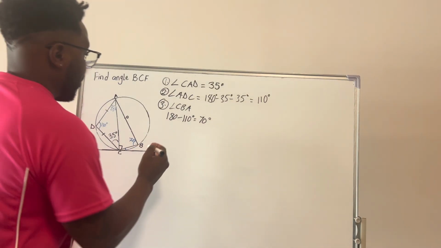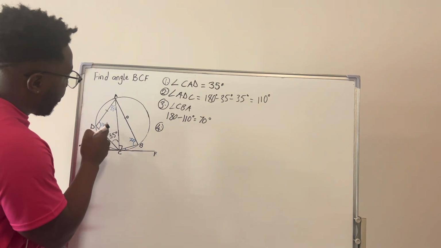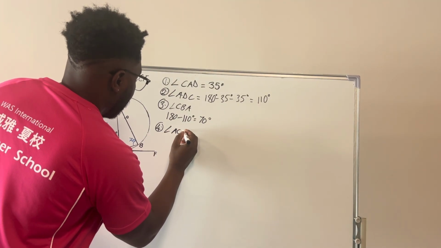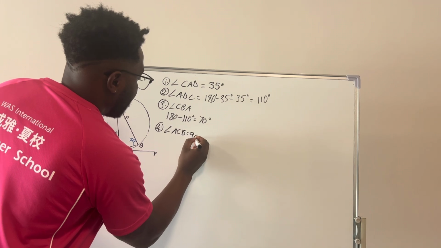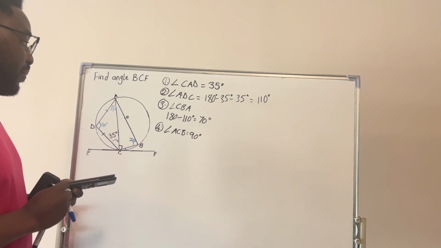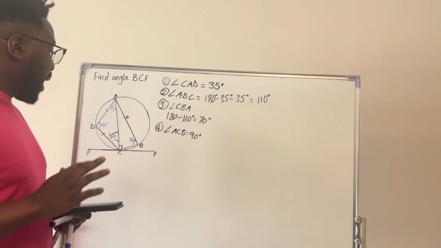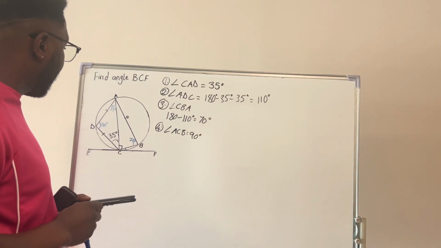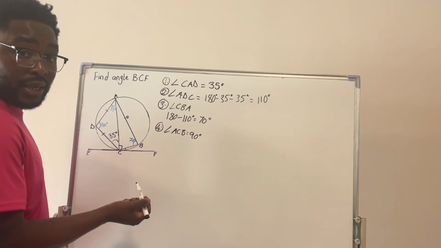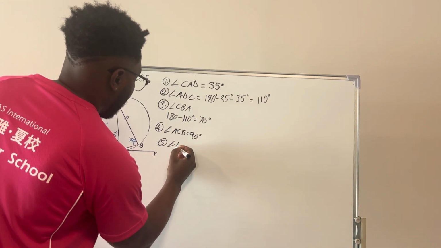So our fourth step is finding angle ACB, which we have found to be 90 degrees over there. Now, what would be our fifth step? Our fifth step is trying to find angle BAC.